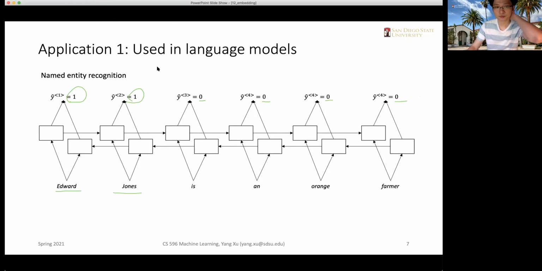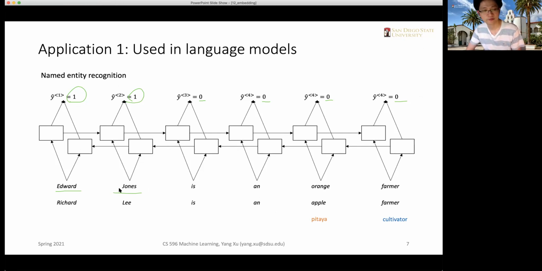Okay. So the next input, Richard Lee is an apple farmer, should also output that the first two words are recognized as named entities.